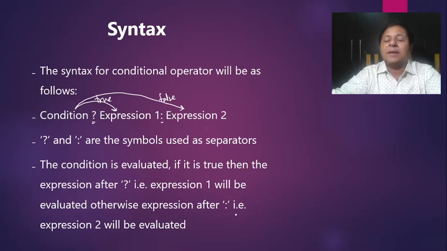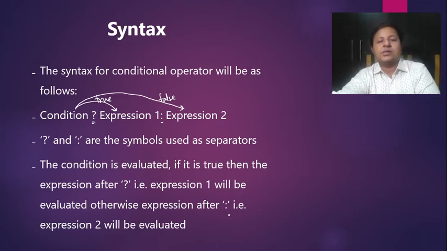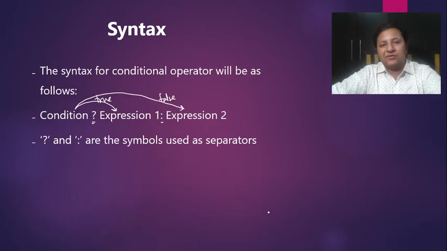If the condition is false, the expression after the colon will be executed, or evaluated. So it's like, if the condition is true, then do this, else do this. It goes very parallel to the concept of if-else.